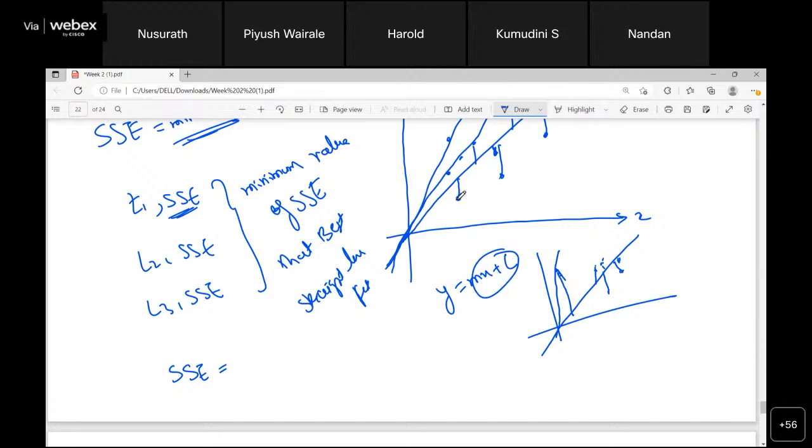This is the actual point, and this is the point for which we are optimizing the value. So the difference between these 2 points will be y minus mx minus c, right? And the SSE is the square of this particular value. If this is minimum for all the points, then we can say which of L1, L2, L3 will be my baseline fit.